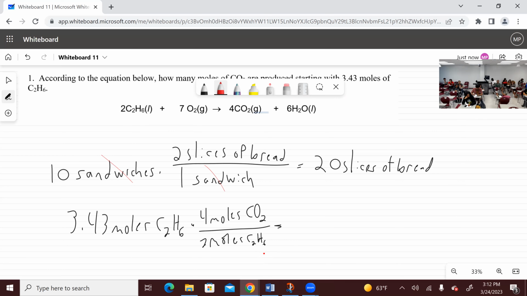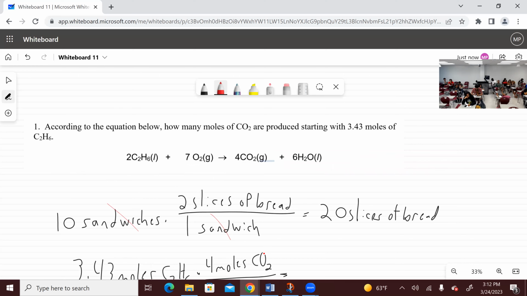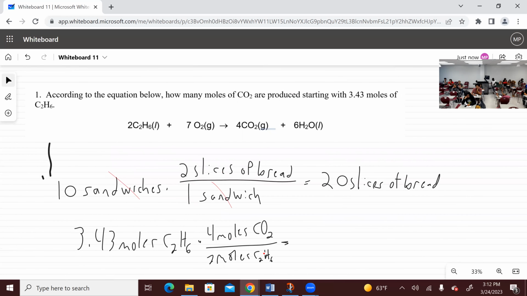So I'm going to do the same thing with ethane. The problem, as it says, according to the equation below, how many moles of carbon dioxide are produced, starting with 3.43 moles of ethane. So I'm going to take my given, 3.43 moles of ethane, and I'm trying to get moles of carbon dioxide. It doesn't matter if it's a product or a reactant.